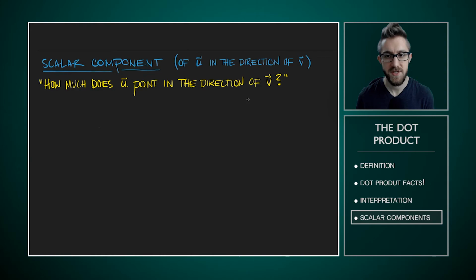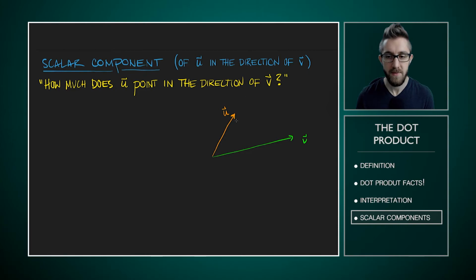So to answer this question geometrically, let's draw the two vectors. Let's say that v is this green vector and u is this orange one. And so the way that we're going to answer this question, how much does u point in the direction of v, is by thinking about, in this picture, what is the amount that this orange arrow points in the direction of this green arrow?